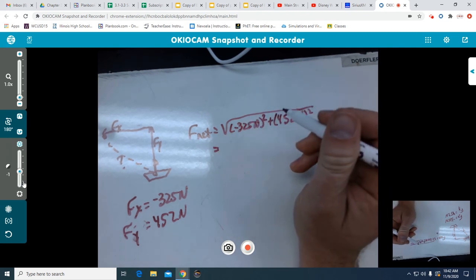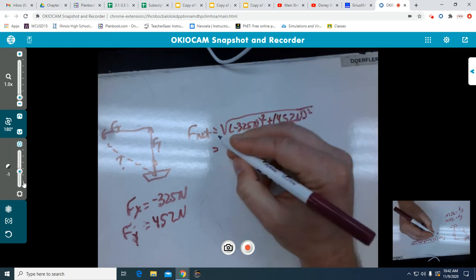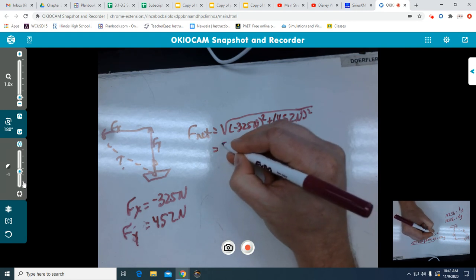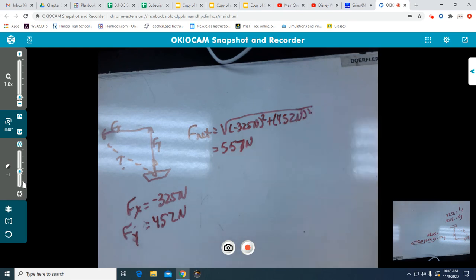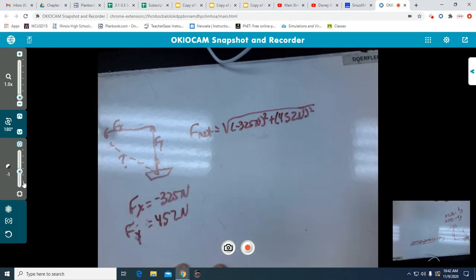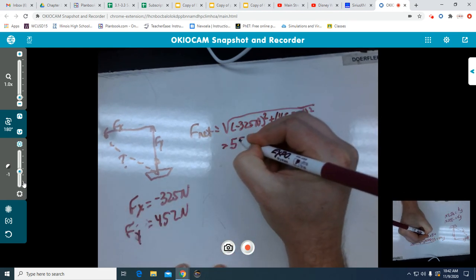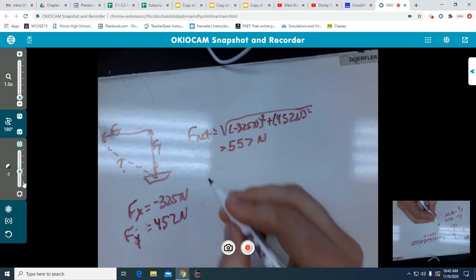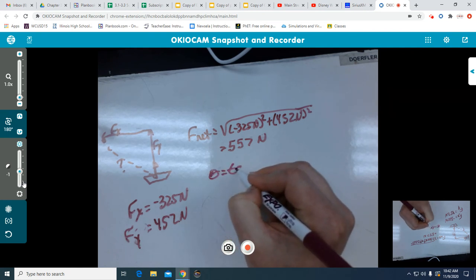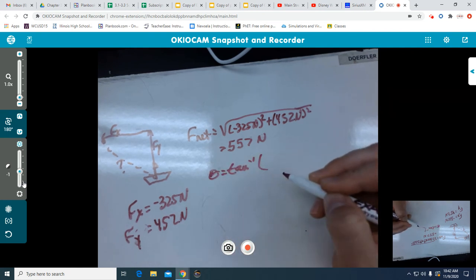And again, you can pause this video if you want to double check, but your net force should be 557.7. Oh, I can't even write with this marker here. 557 newtons. Next, we have to find the direction. So take the inverse tangent again.